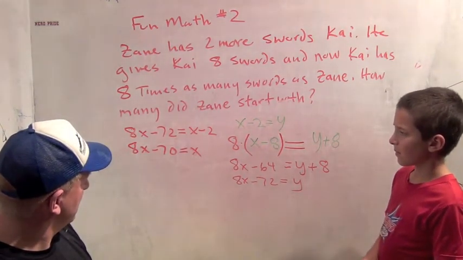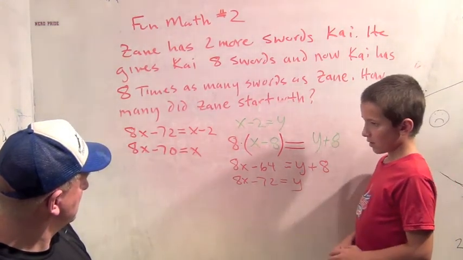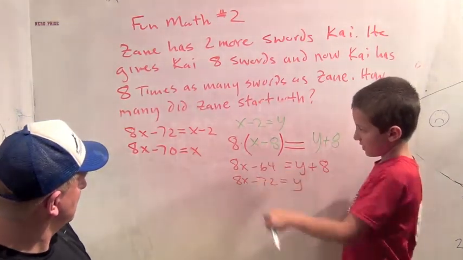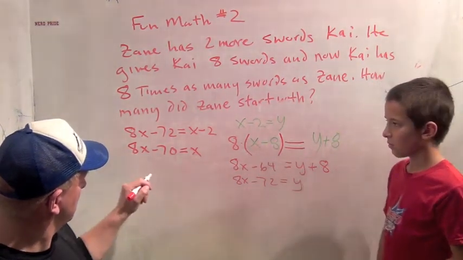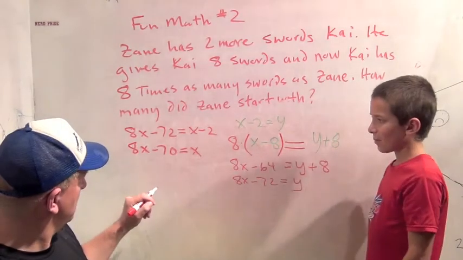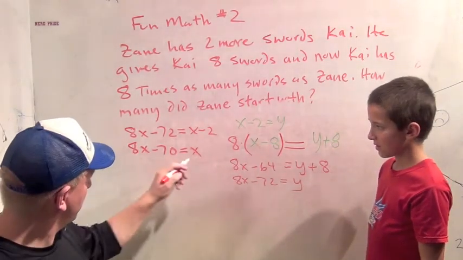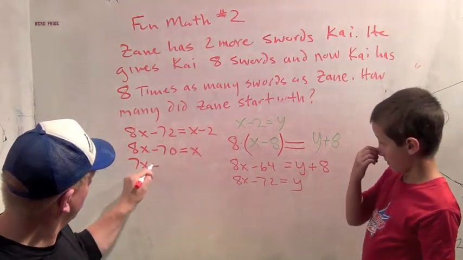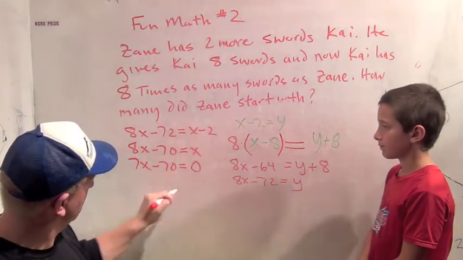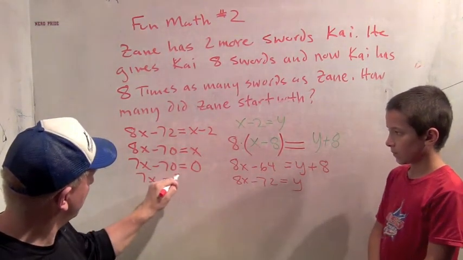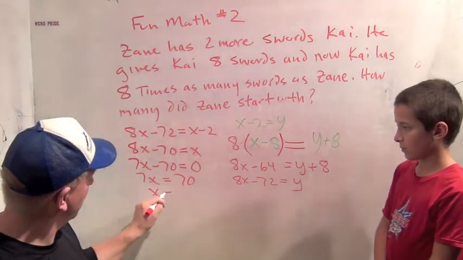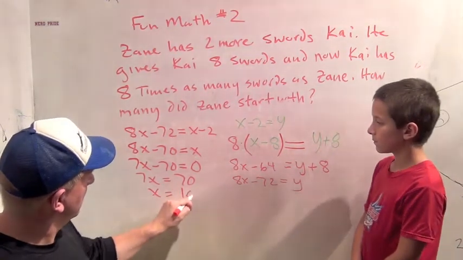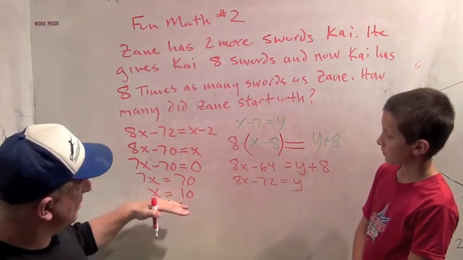So that means 7x minus 70 equals 0, or 7x equals 70, and that means x equals 10. So that's how many Zane has in the beginning.